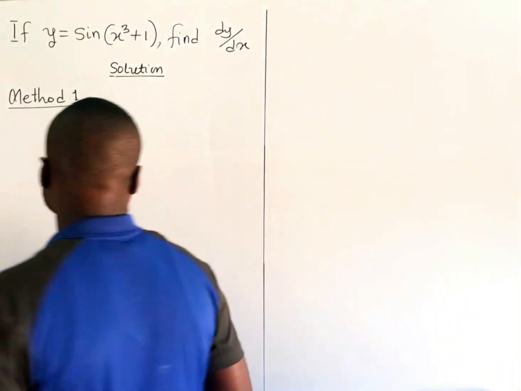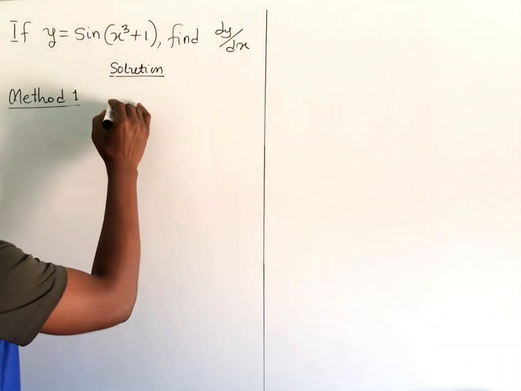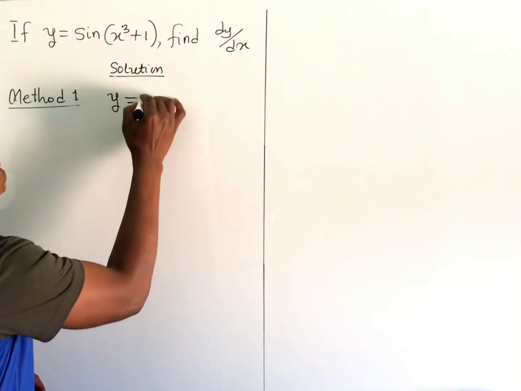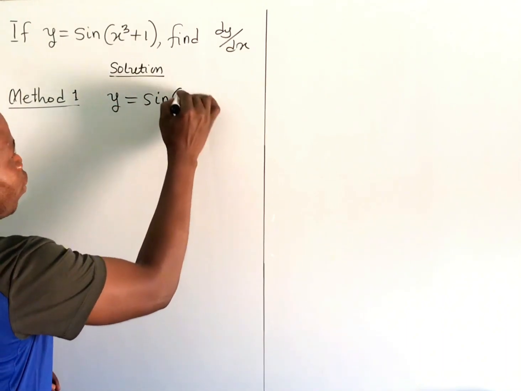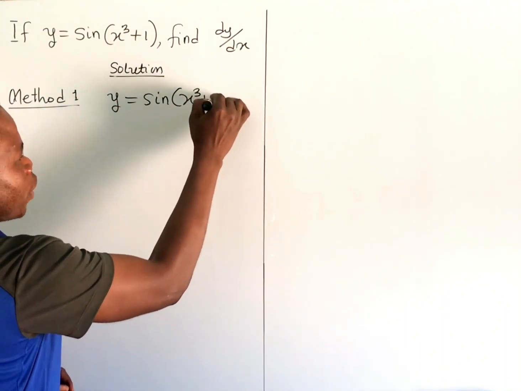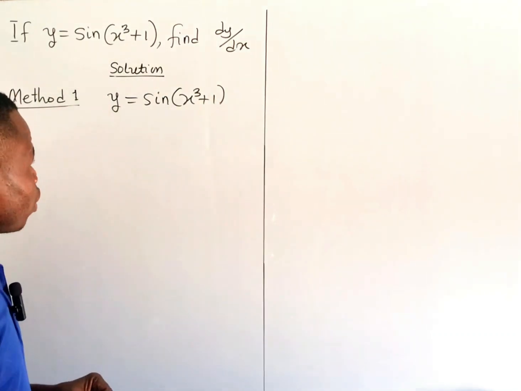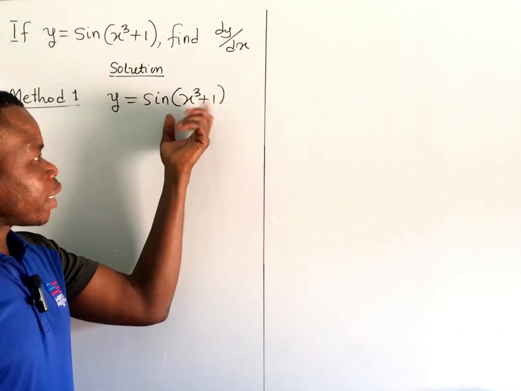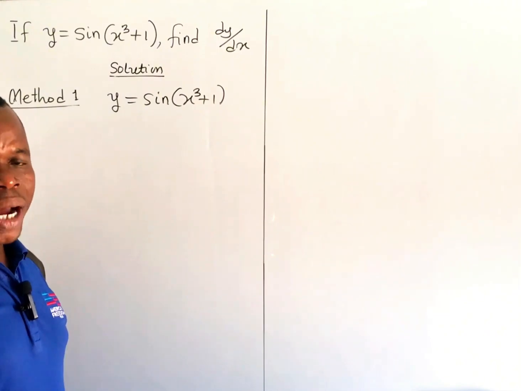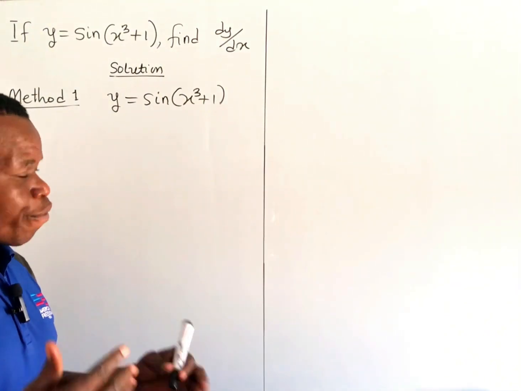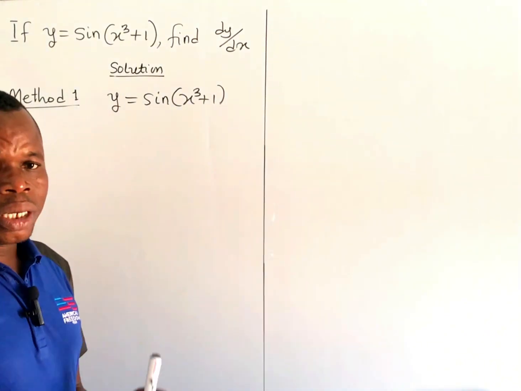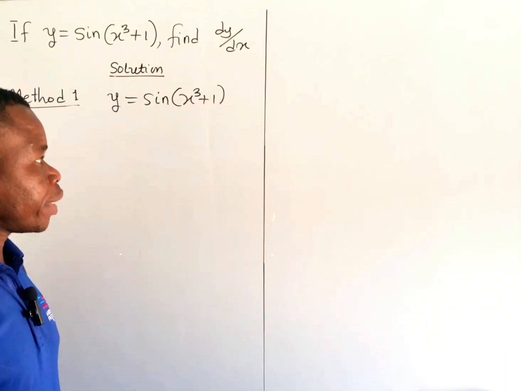So method 1, I'll recopy the equation, which is y is equal to sine of x cubed plus 1. And after this, what is inside the bracket, let that one be equal to another variable. And usually, we normally use u to represent that.